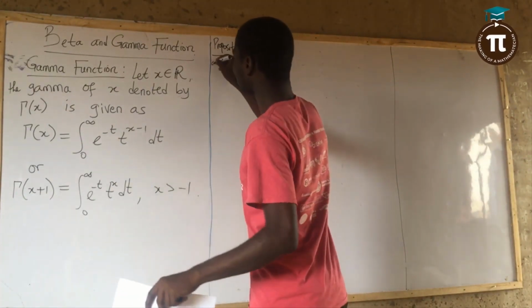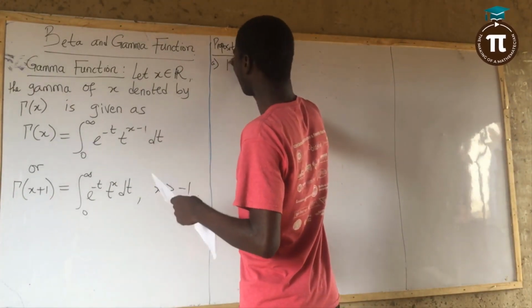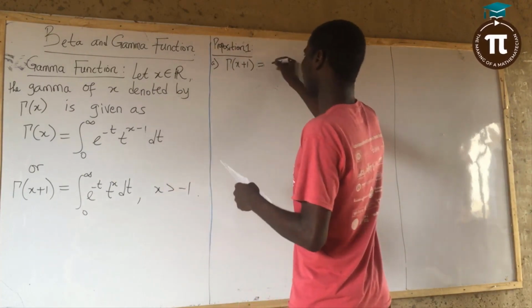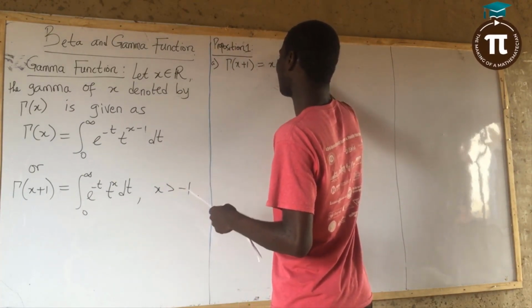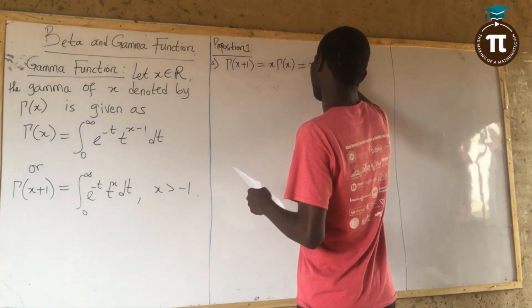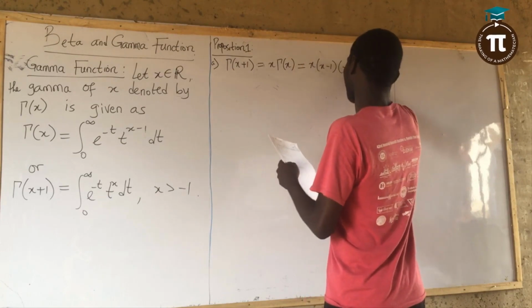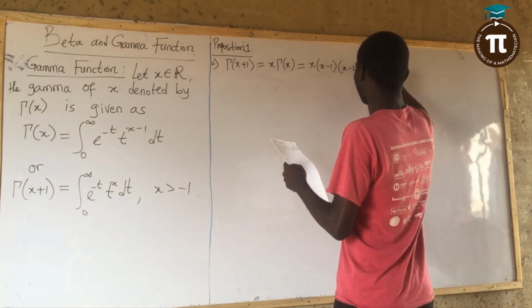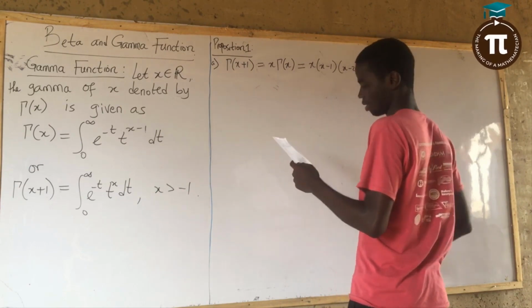Proposition 1. Number 1 is saying that gamma of s plus 1 is equal to s gamma of s, which will now still be equal to s times s minus 1, s minus 2, till I get to gamma of s minus n.